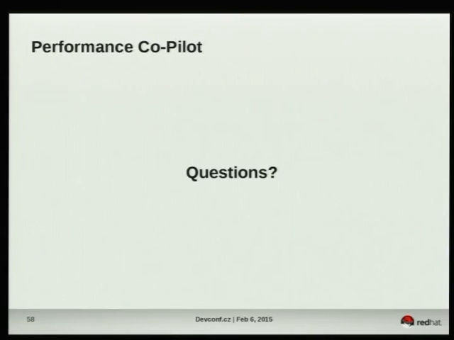You used plain C, for example, in the presentation. What other languages can Systemtap be used for? Systemtap in particular? Well, sorry, the question was, with Systemtap, what other languages can it be used for? The main ones are C and C++. We have some Java support there as well.